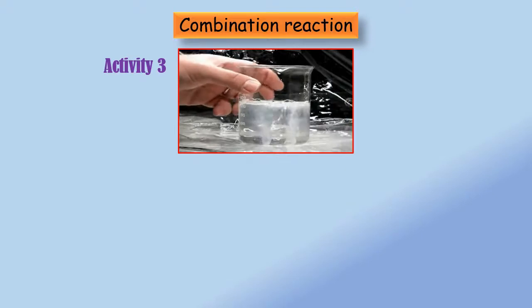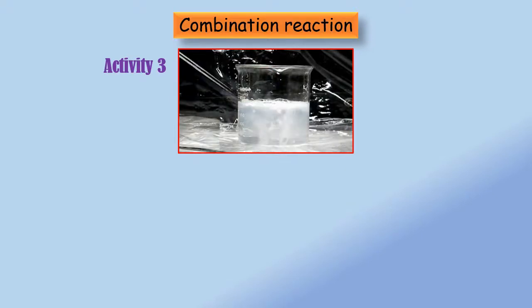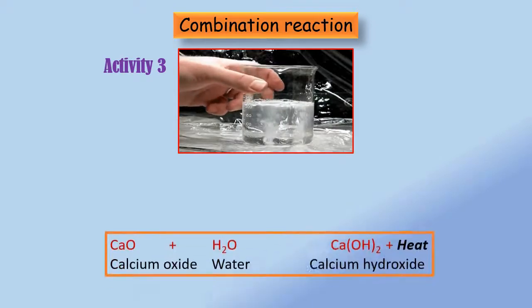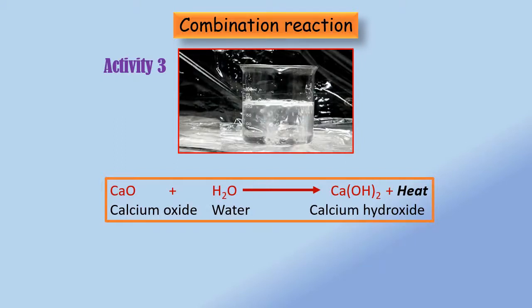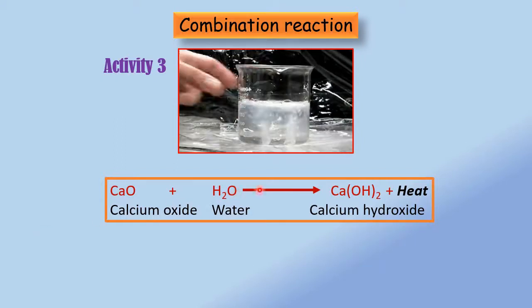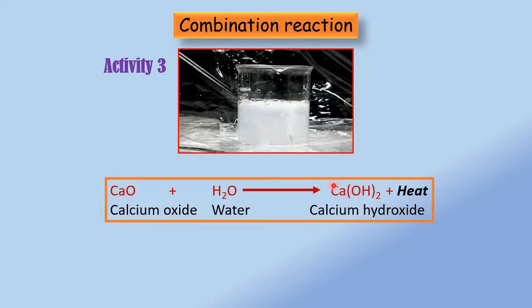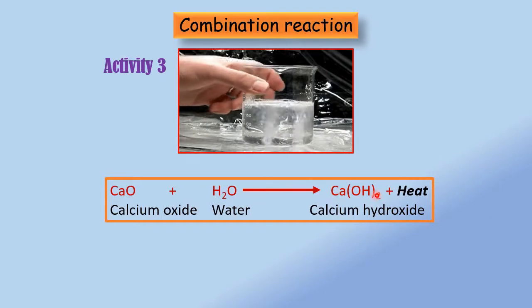Now let us write the chemical equation for this activity. CaO, calcium oxide, reacts with water to give calcium hydroxide, that is Ca(OH)2, along with a large amount of heat.